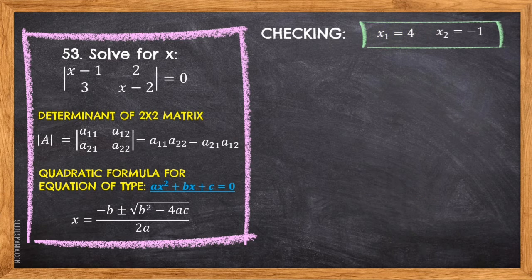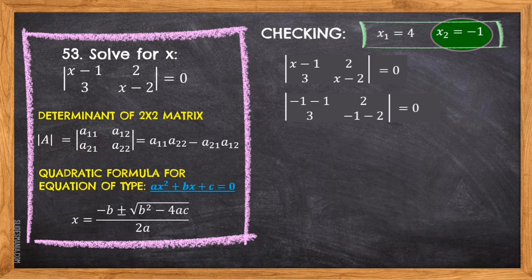Next, using the value of x sub 2, which is equal to negative 1, let's substitute. |x minus 1, 2; 3, x minus 2| is equal to 0, which becomes |negative 1 minus 1, 2; 3, negative 1 minus 2| is equal to 0. Negative 1 minus 1 is equal to negative 2. Negative 1 minus 2 is equal to negative 3. So we now have the determinant |negative 2, 2; 3, negative 3| is equal to 0.